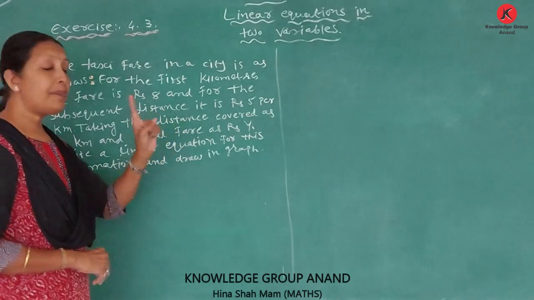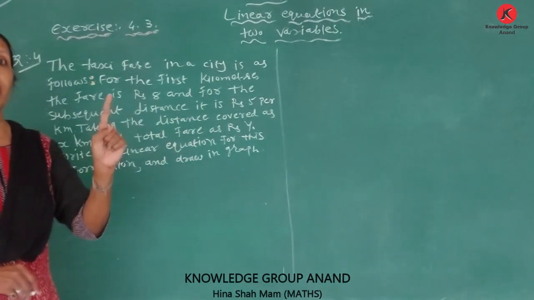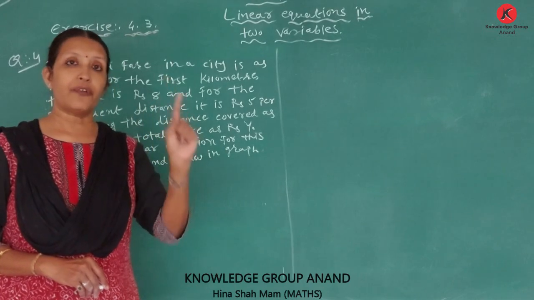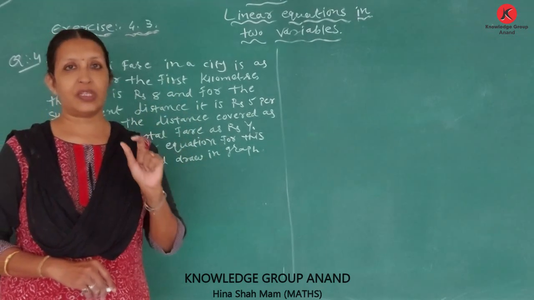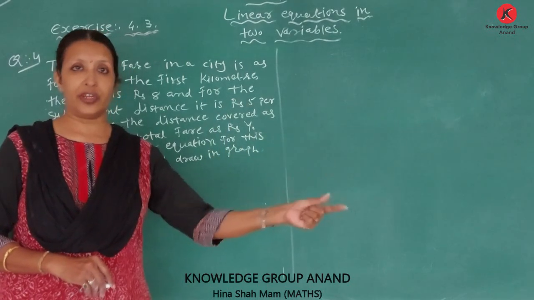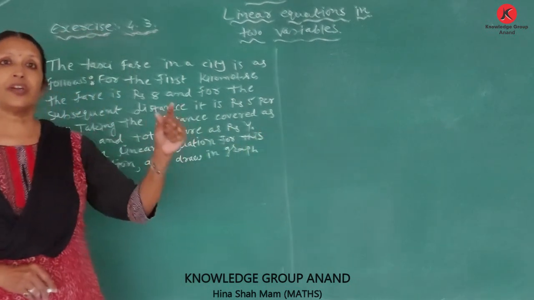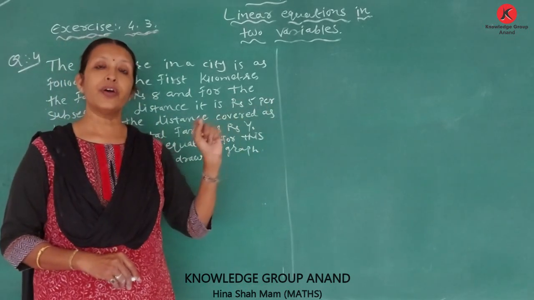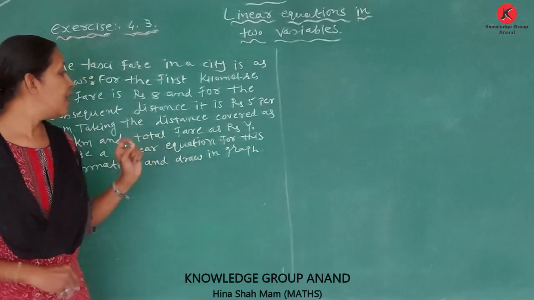For the first kilometer, we take 8 rupees. For the second kilometer, 8 plus 5, 13 rupees. For the third kilometer, 8 plus 5 plus 5, 18 rupees.